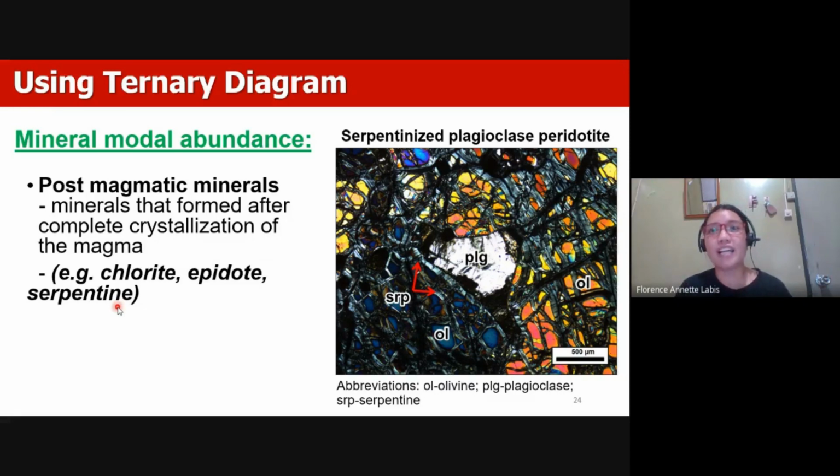So kaya siya, it's not really that helpful especially if ma-analyze ang mga post-magmatic minerals. So later, we will also discuss how to get rid of these minerals or how to recalculate data when we talk about the geochemical analysis later.